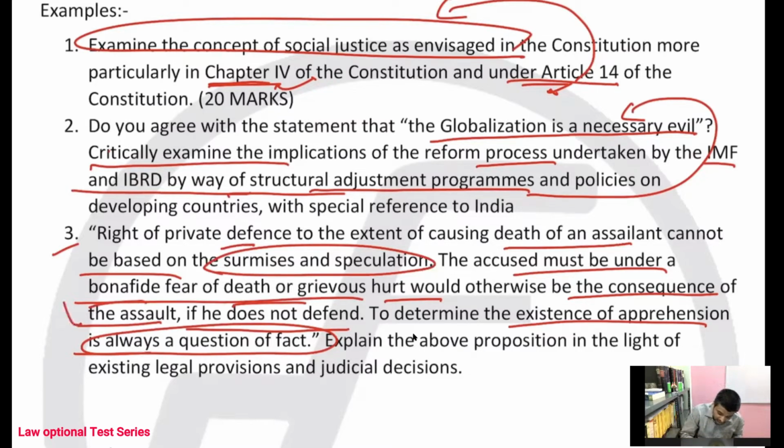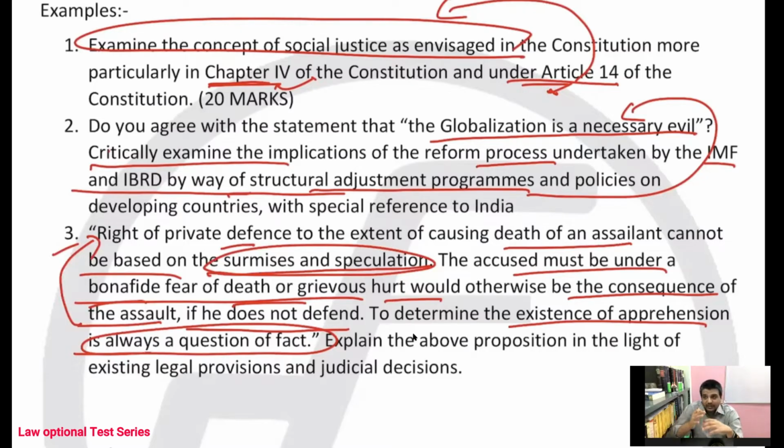But the philosophical part is that these things have to be decided in a manner so that you should not be able to base your exercise on some speculation or surmise. You might think that you might be dead, but that is not it. The philosophical part is that the right of private defense should be exercised very, very cautiously.